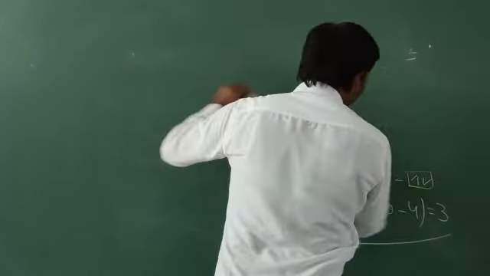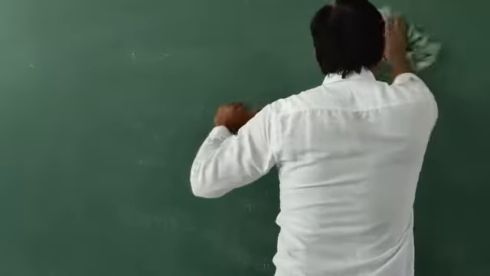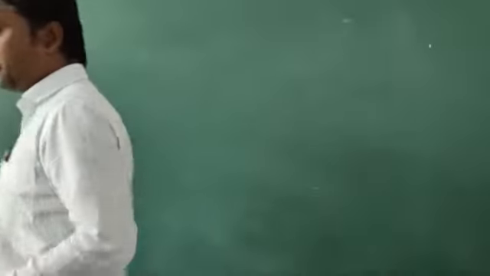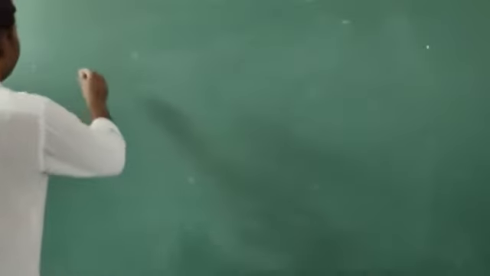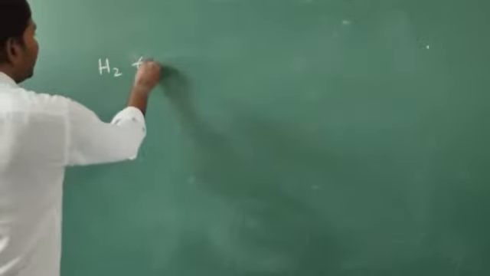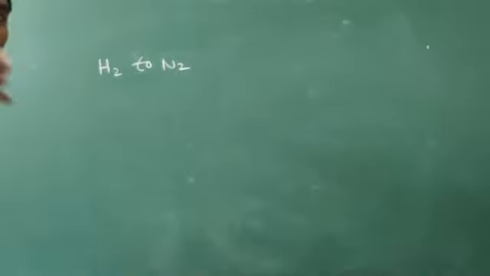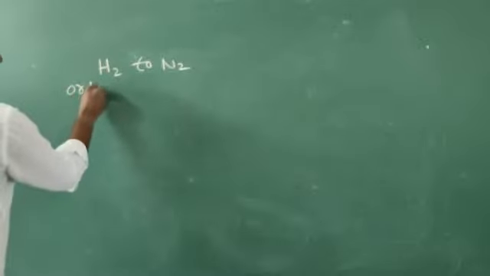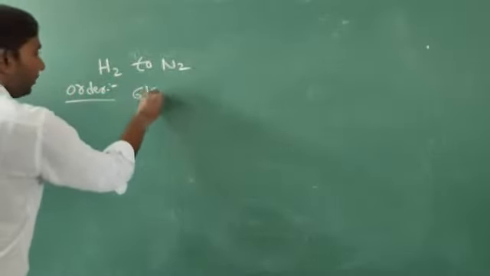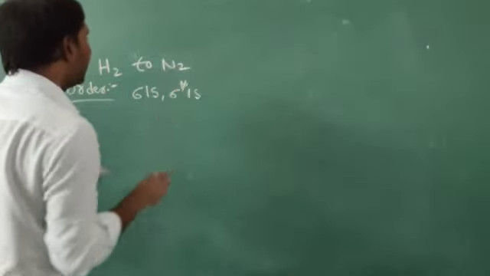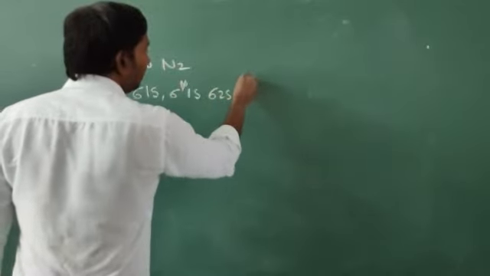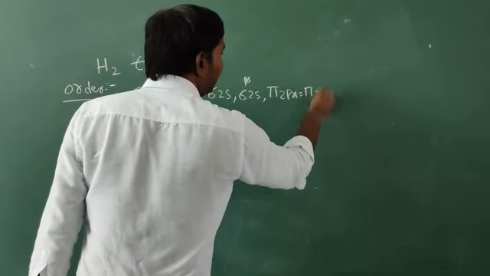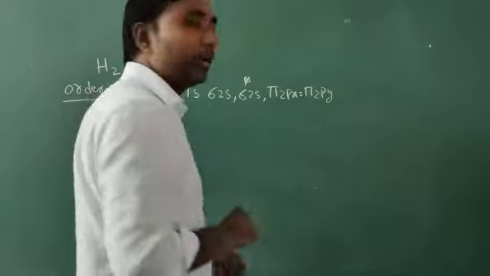Finally, here what rule is there? Up to nitrogen, from hydrogen H2 to nitrogen, the configuration order is: sigma 1s comes, next sigma star 1s, sigma 2s, sigma star 2s, next pi 2px equal to pi 2py, since the x and y orbitals have the same energy.